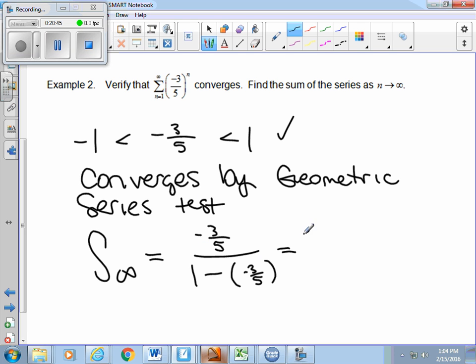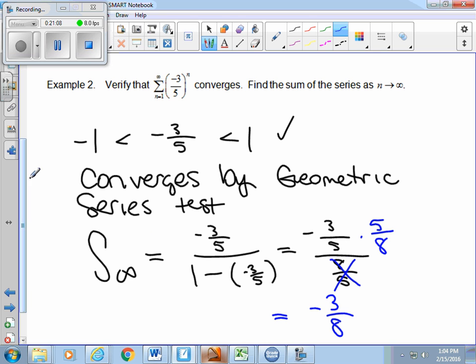So it's -3/5 divided by 8/5. Am I going too fast on the fractions? The 5's cancel and I get -3/8. So the sum is -3/8 using the formula from Algebra 2.